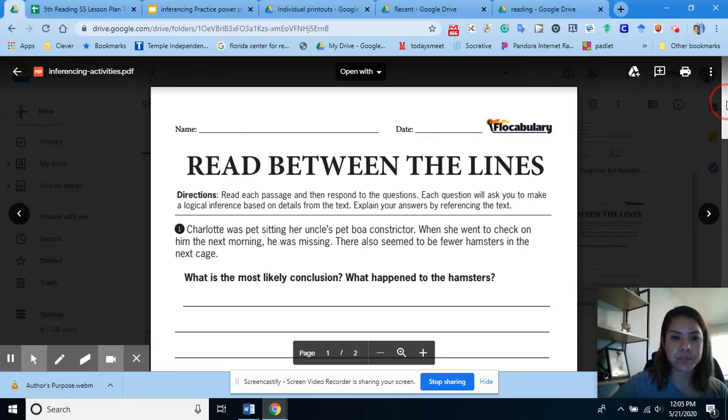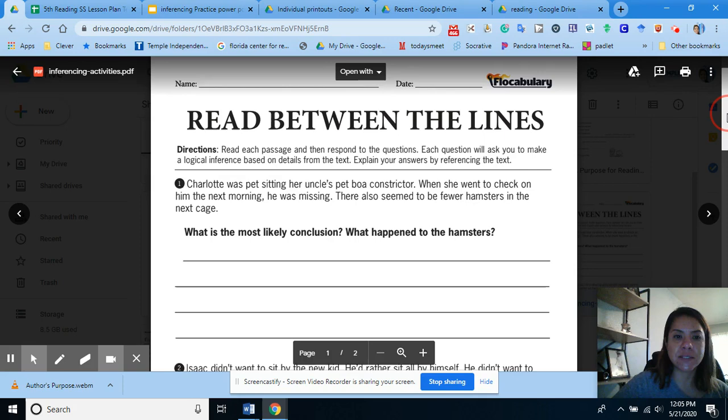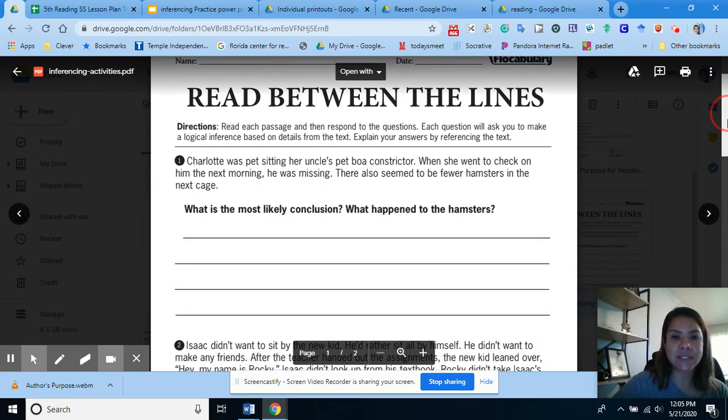Okay? So in this assignment, you're going to read between the lines. You're going to read each passage and then respond to the question. Each question will ask you to make a logical inference based on the detail from the text. And then you will explain your answers by referencing the text.